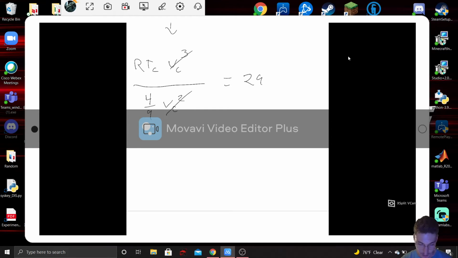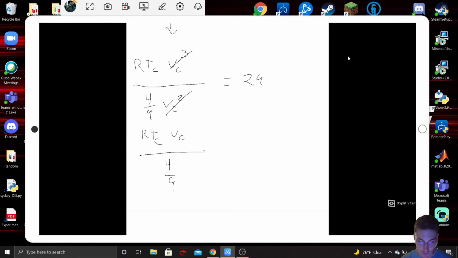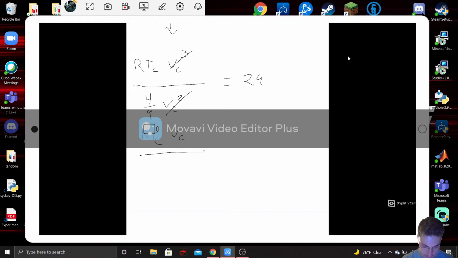So then we'll be left with just RTC VC over 4/9, which we can rewrite, because dividing by 4/9 is the same thing as multiplying by 9/4, and then equals 2A.